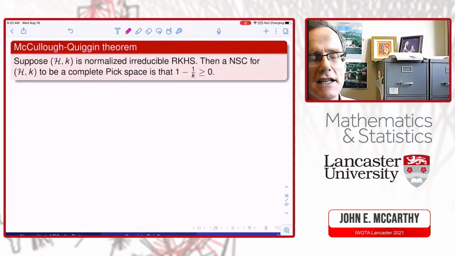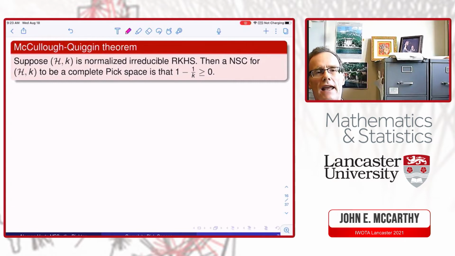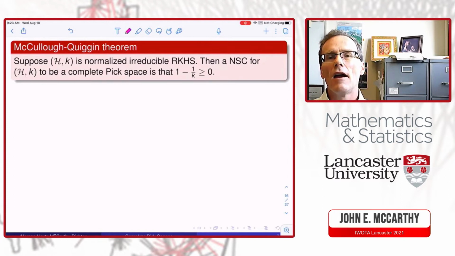So we have a very satisfactory answer to Quiggin's question in the complete case: a normalized, irreducible (and as I say, don't worry about either of those words, they're very trivial to achieve) reproducing kernel Hilbert space has the complete Pick property if and only if 1 minus 1 over K is positive semi-definite.